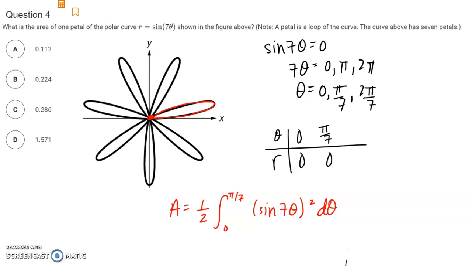I'll look at what you plug in and we can figure out where the mistake came from there. All right, just simply plugging that into your calculator and you'll get the value of A. Okay, one petal, not the whole graph. If you took that and multiplied it by 7, obviously that is an issue, but we can talk about what you did specifically.